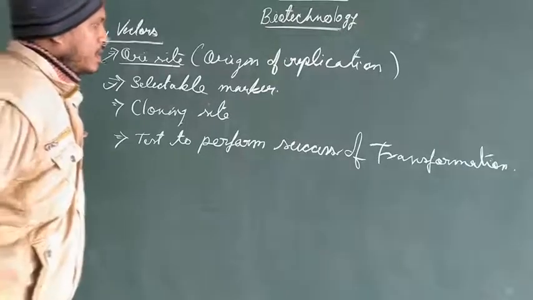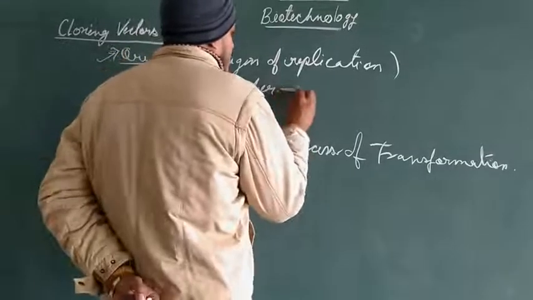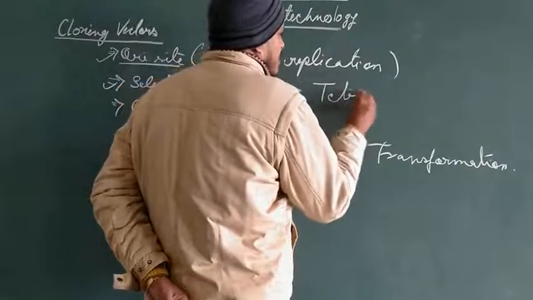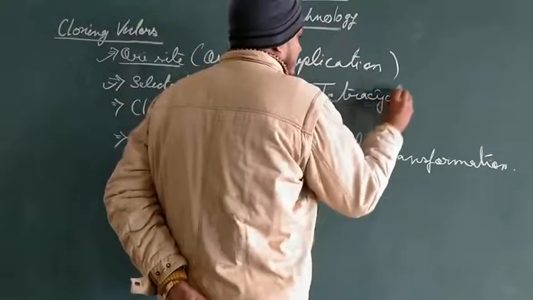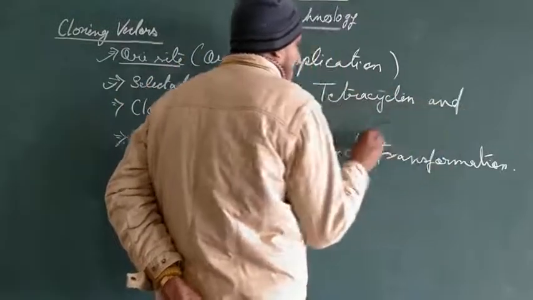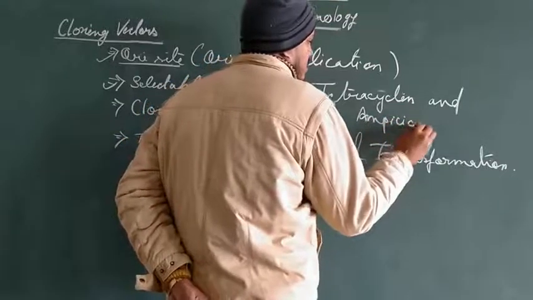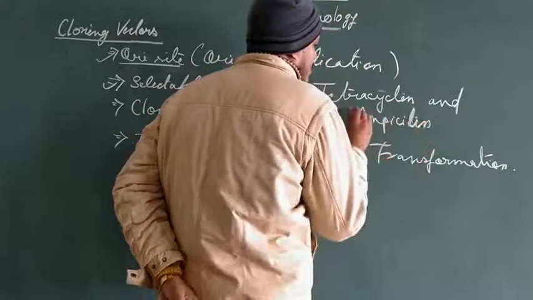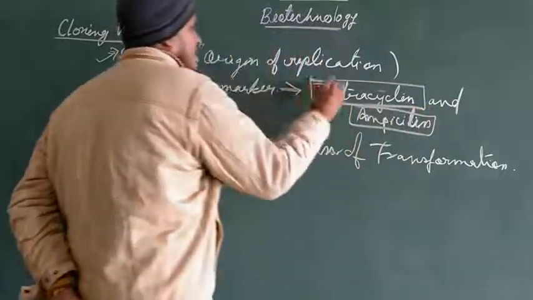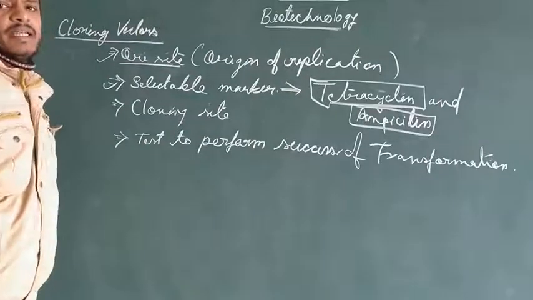In pBR322, the plasmid has resistance against tetracycline and ampicillin. So they show resistance against these two antibiotics.